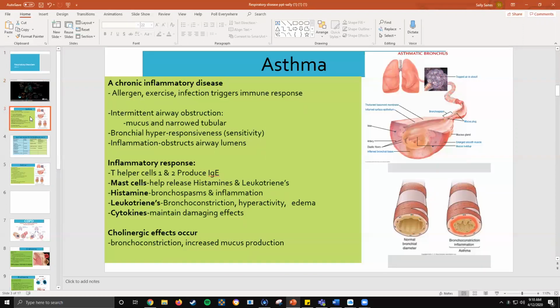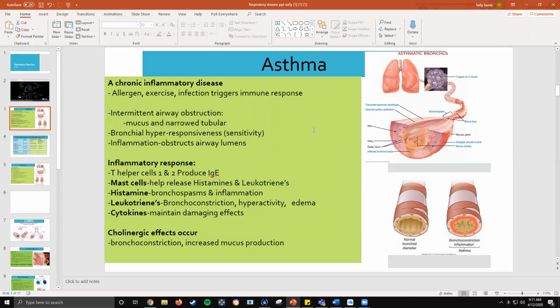So first, let's talk about asthma. So asthma is a chronic inflammatory disease. It's triggered by allergens, exercise, or infection. It's considered an intermittent airway obstruction disorder where the bronchial tubules are narrowed and mucus production is formed.